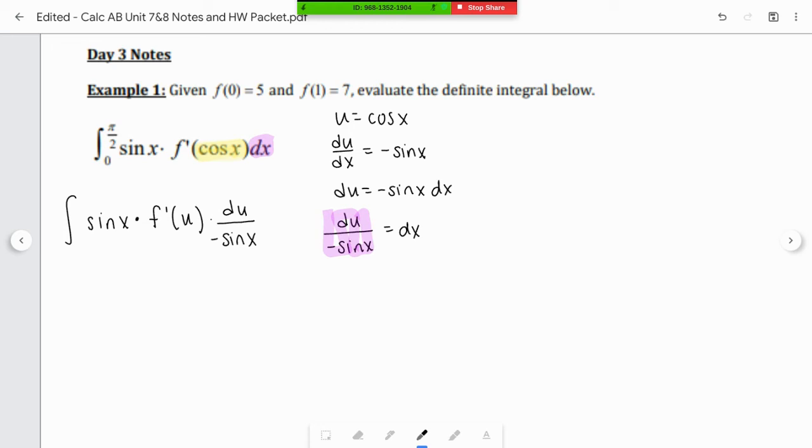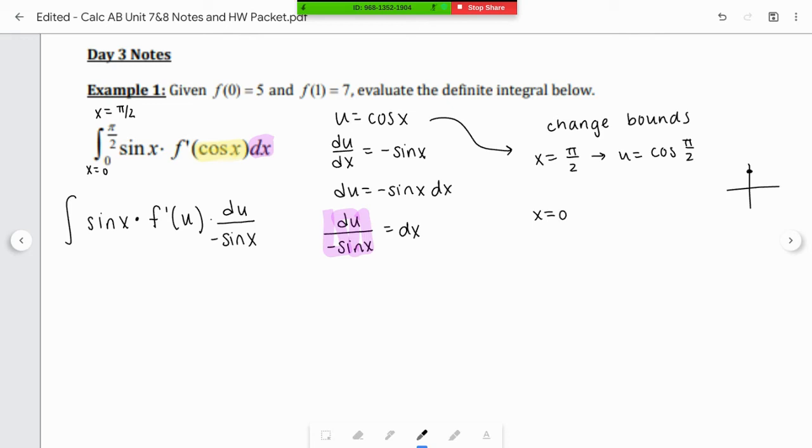So I'm going to change my bounds. Right now the bounds are x equals 0 and x equals pi over 2. So I'm going to change those bounds, so that from my equation here, u is equal to cosine of x. My bounds are x equals pi over 2 and x equals 0. So if x is pi over 2, that means u is equal to the cosine of pi over 2. And if we look at our unit circle at pi over 2, the x coordinate is 0.